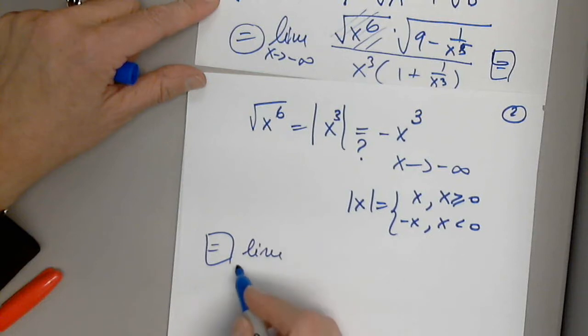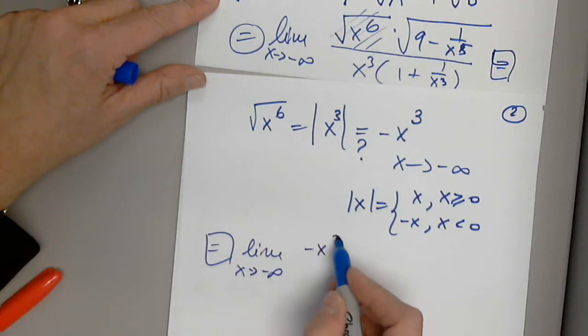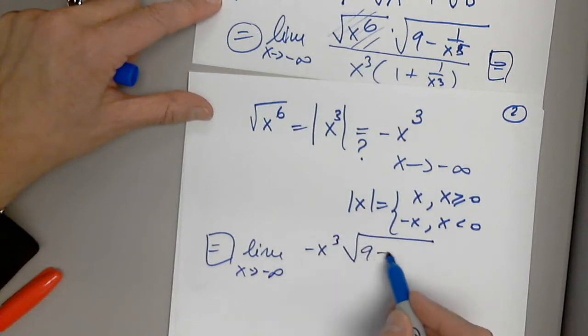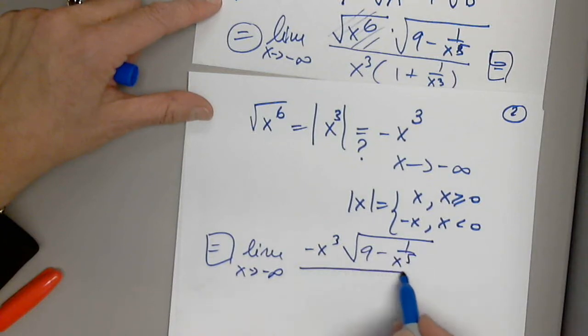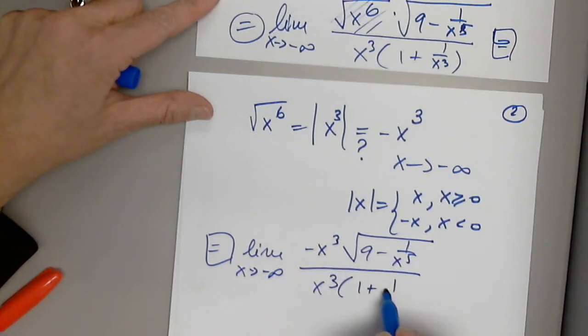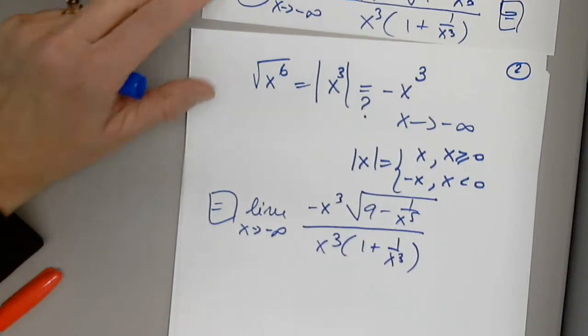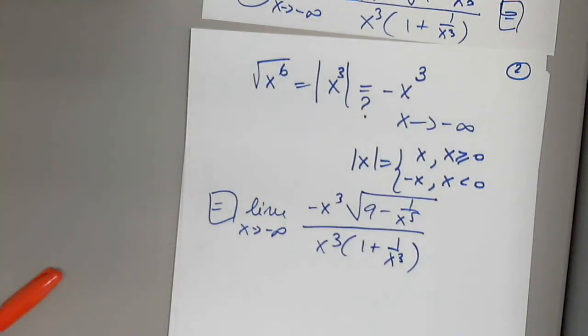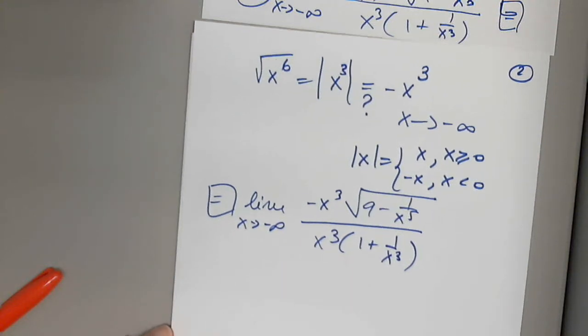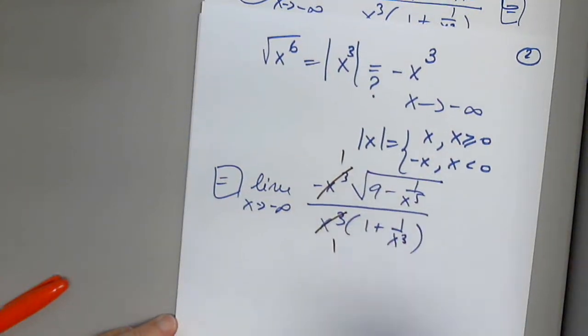So then we continue here with a square this time. So limit as x approaches negative infinity of negative x to the third, times the square root of 9 minus 1 over x to the fifth, over x to the third times 1 plus 1 over x to the third. Okay, now what will I get rid of? Definitely and immediately. Exactly.